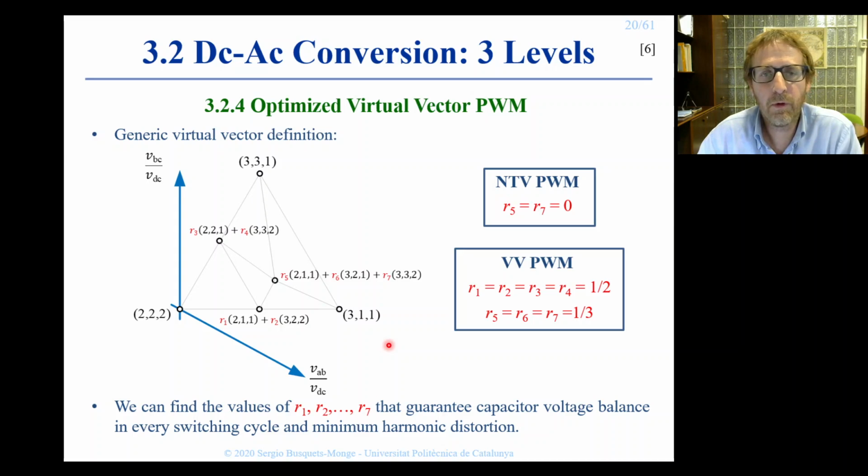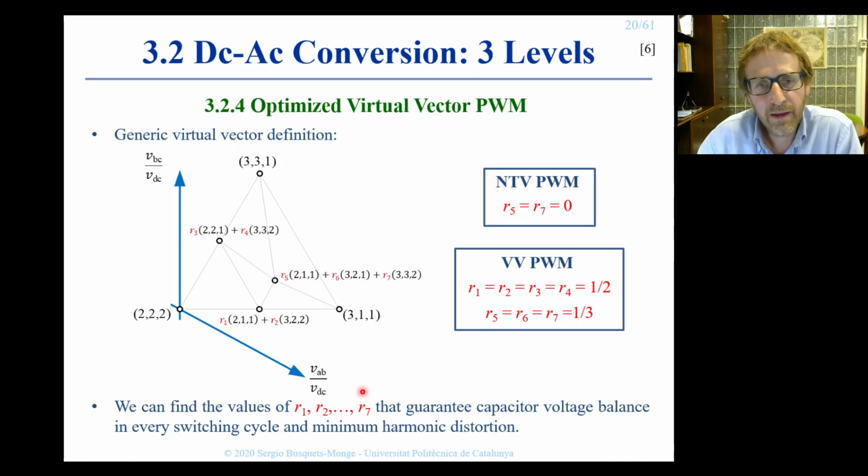This generic pulse width modulation covers all relevant pulse width modulation strategies, like the nearest three-vector pulse width modulation that we can obtain by forcing R5 and R7 equal to 0, or the virtual vector pulse width modulation that we will obtain if we force the value of the unknowns to be this. So basically, this generic pulse width modulation can lead us to interesting optimized pulse width modulations.